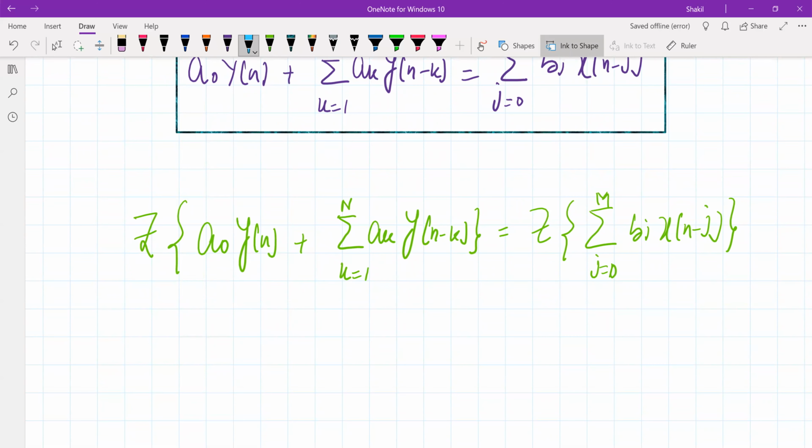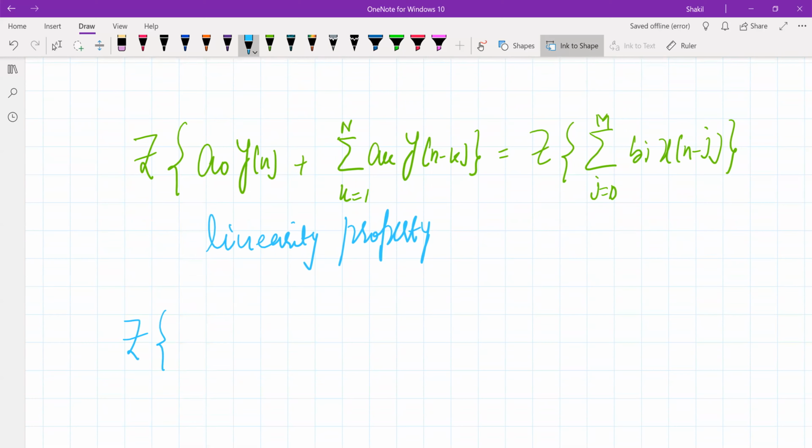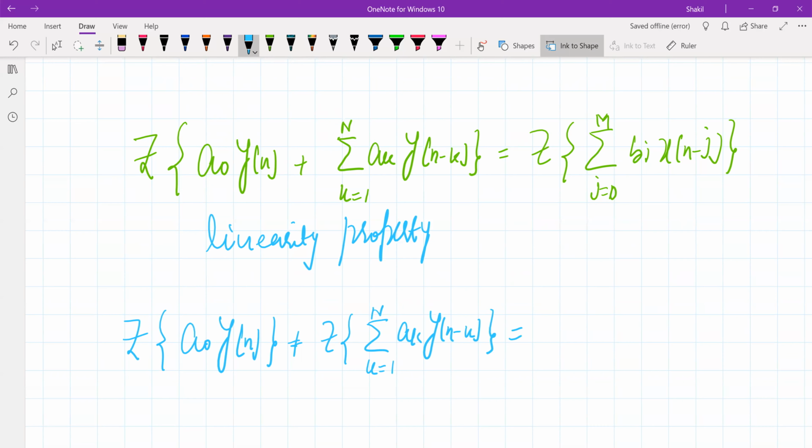Now, using the linearity property of Z transform, we can write the left hand side like this. The Z transform of a sum of terms is the sum of the Z transforms of the individual terms. So I'm taking the Z transform inside, and b_j is a constant.